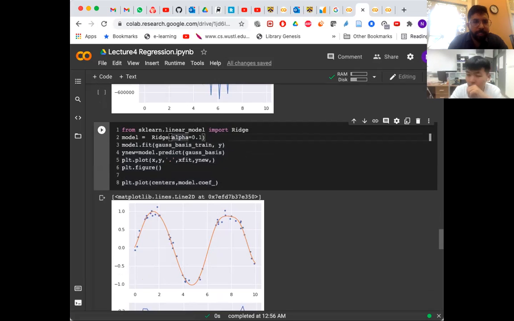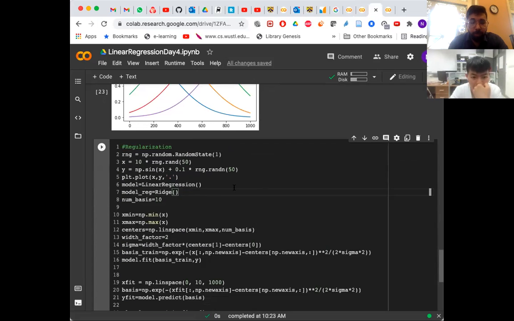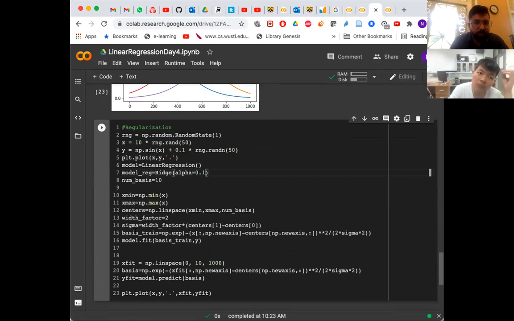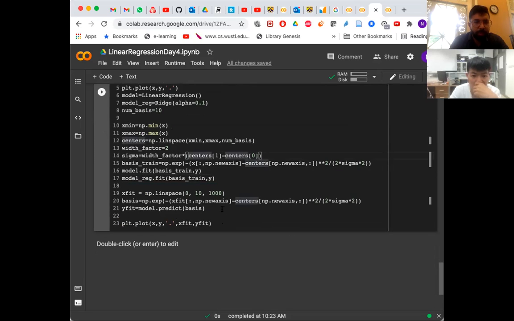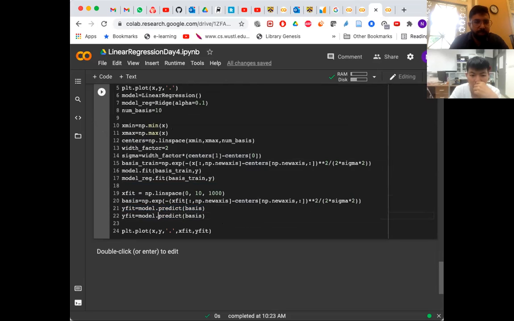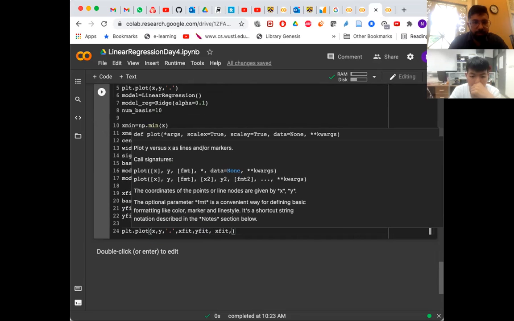Okay, so it takes in this parameter, which tells it how much regularization to use. Of course, you would have to find the optimal regularization for each case. I did not want to go through checking all of these, so I just copied it from there. Again, nothing too fancy. The same thing, like you did model.fit here, you would do model_regularized.fit. And like you did yfit, you would do yfit_regularized, and we can plot this on top of this as well.